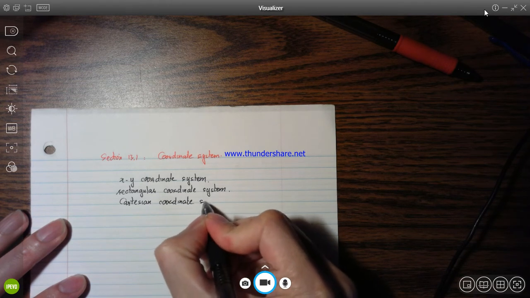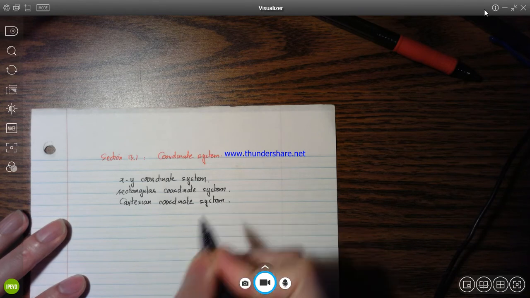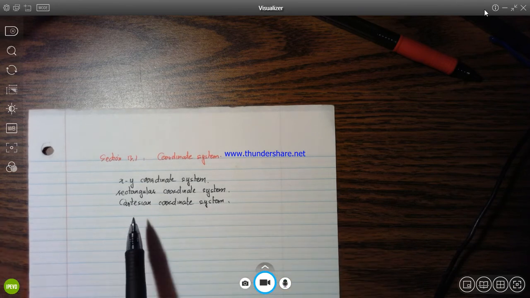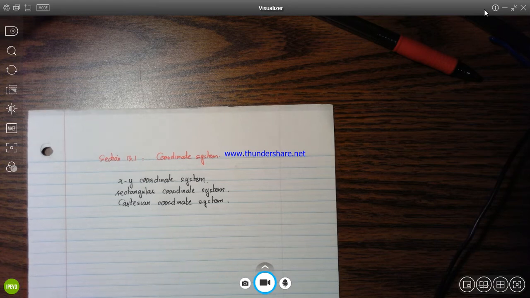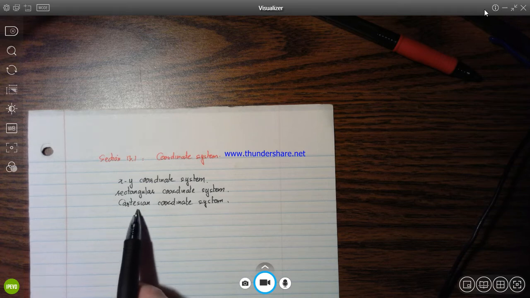They're all the same. The reason it has the Cartesian name is because this coordinate system was invented by a French mathematician named René Descartes.